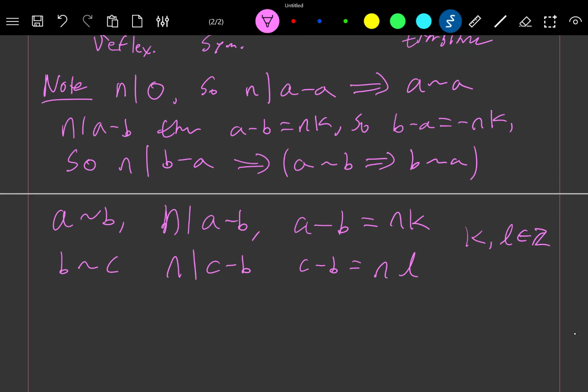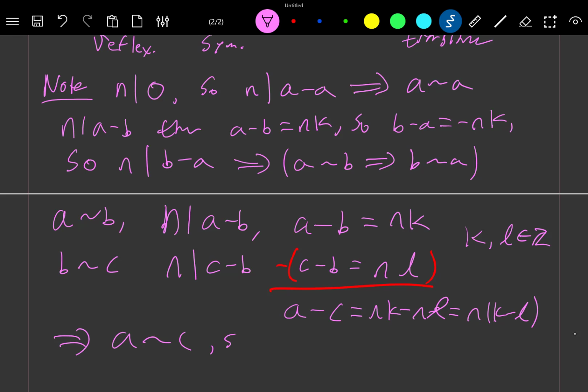So what we can do is subtract these two equations. This is going to give us a minus c is nk minus nl, which is n times (k minus l). So this implies a is equivalent to c.